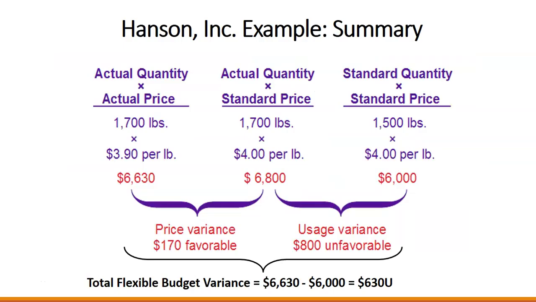So when we break that down, we have our actual quantity and actual price of materials used, our actual quantity and our standard price of materials used, and the standard that was allowed for that level of production. Therefore, we have a positive price variance and a negative usage variance.